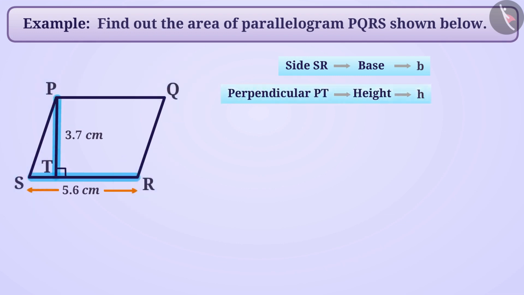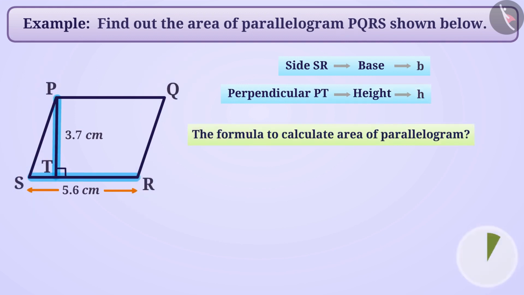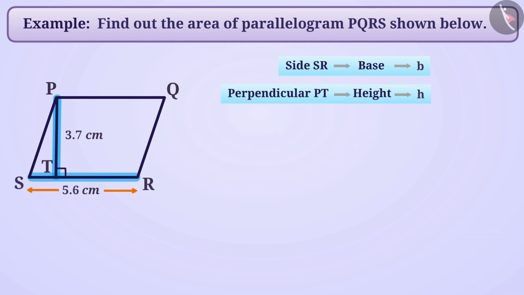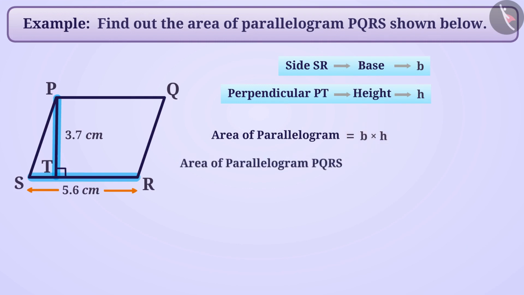Can you tell me the formula to calculate area of parallelogram? Think. Absolutely correct. Area of parallelogram is equal to base multiplied by height is equal to B multiplied by H. In this way, area of parallelogram PQRS is equal to SR multiplied by PT.